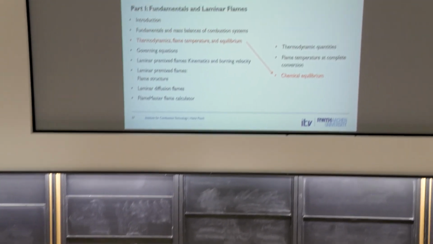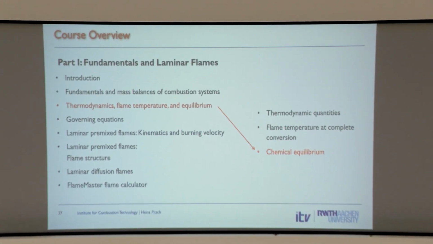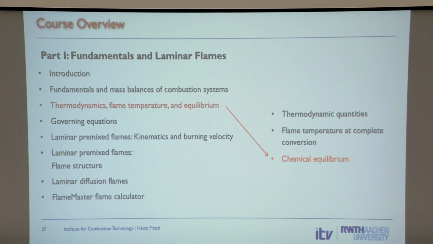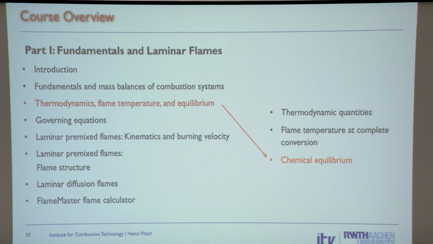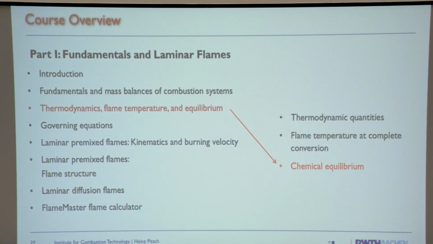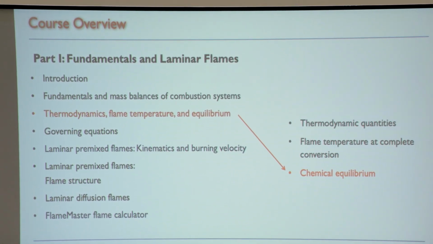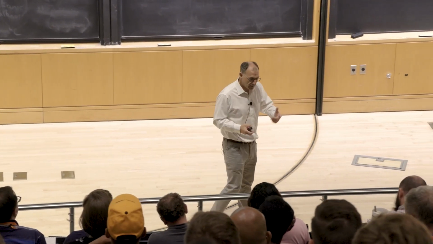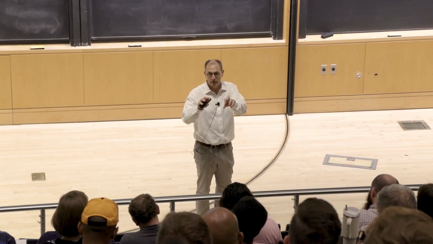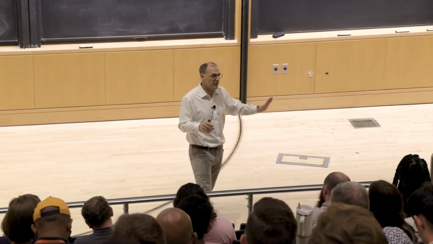Okay, now we said this is infinitely fast, irreversible chemistry, but in reality, chemistry is not irreversible. Let's say I have just H2 and O2, and I convert everything to H2O.